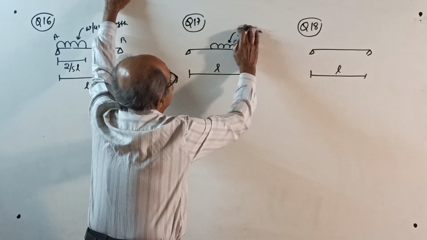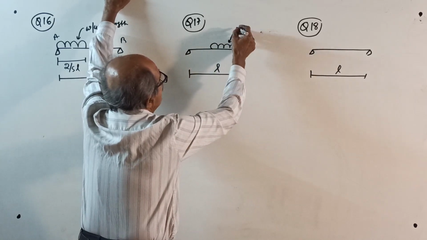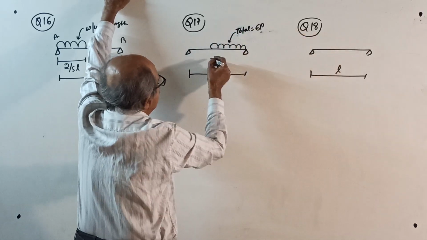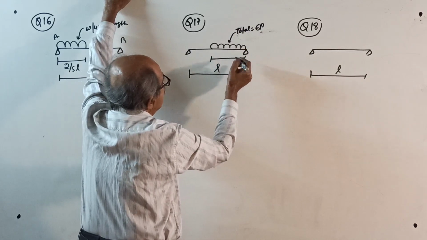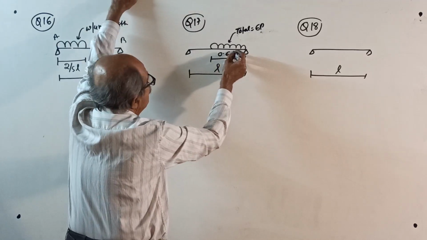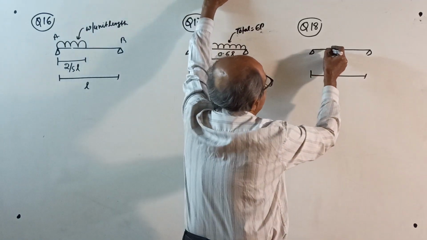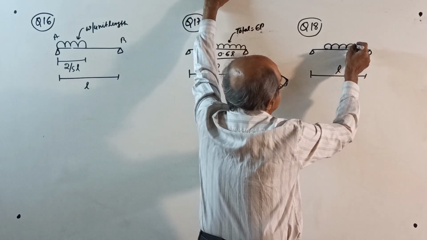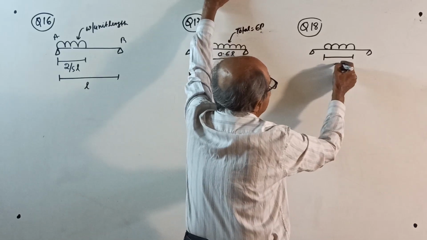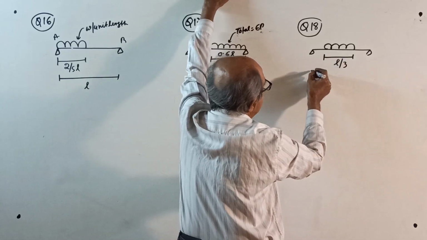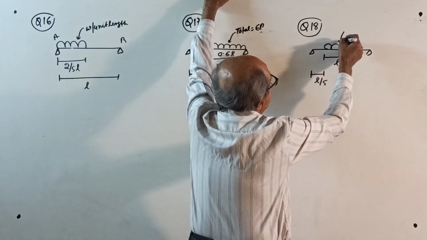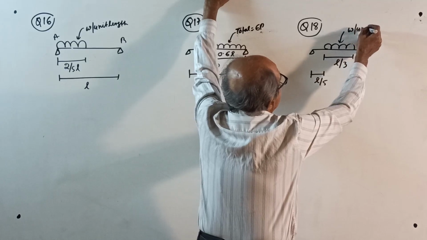Any number will do. This length is 0.6L. Here, intermediate length. This length is L by 3. From here to here is L by 5. W per unit length.